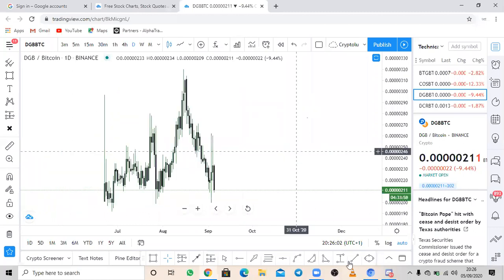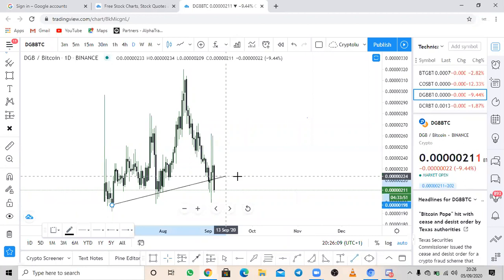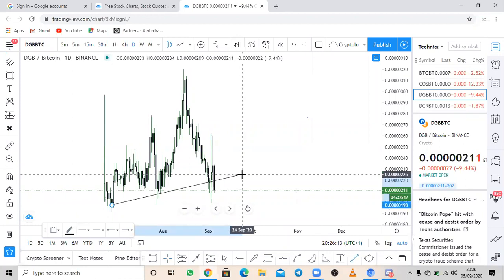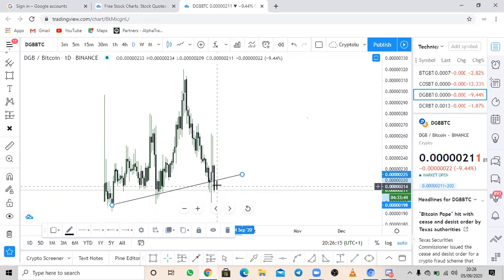an ascending trend line, more like an uptrending trend line, which has obviously been broken. But due to one or two reasons, I'm expecting this candle here to close as a weak. So price can still move up and close as a weak.